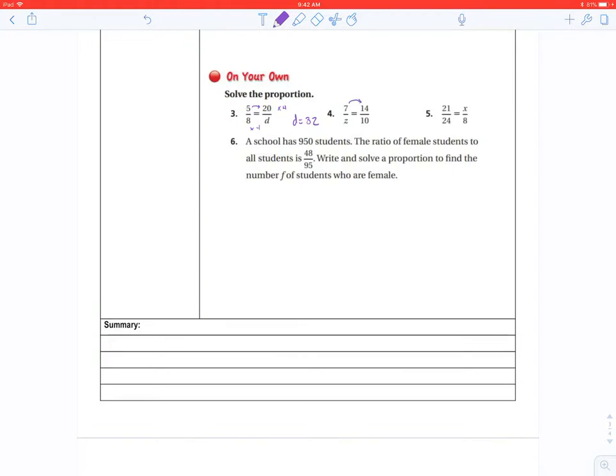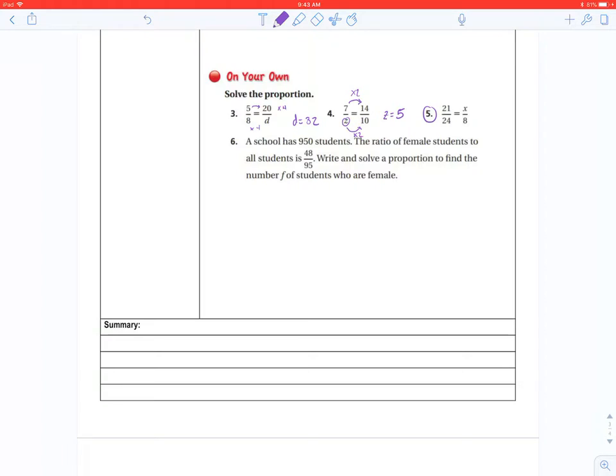Number 4, 7 to get to 14, we're going to multiply it by 2. So that means that z has to be multiplied by 2 to equal 10. So this one's backwards. So what number does z have to be so that when you multiply by 2, it equals 10? And I think we can all recognize that would have to be 5.